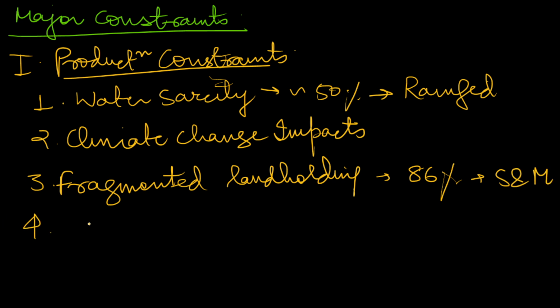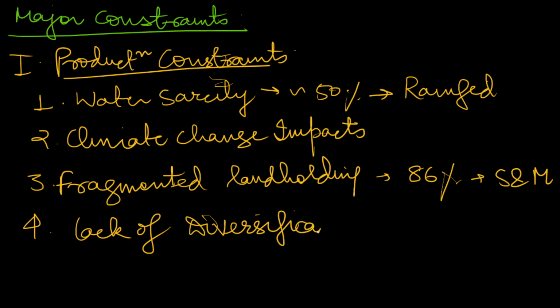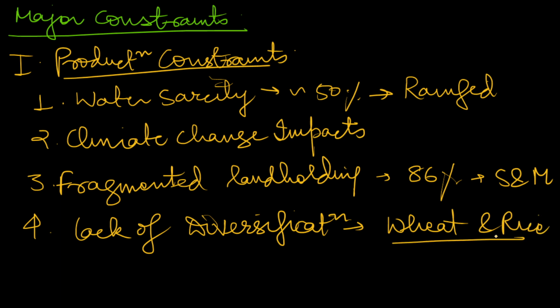We have lack of diversification. Most of our food grain is dependent on wheat and rice, so it also creates a major nutritional security problem. All these things you can mention in production constraints.